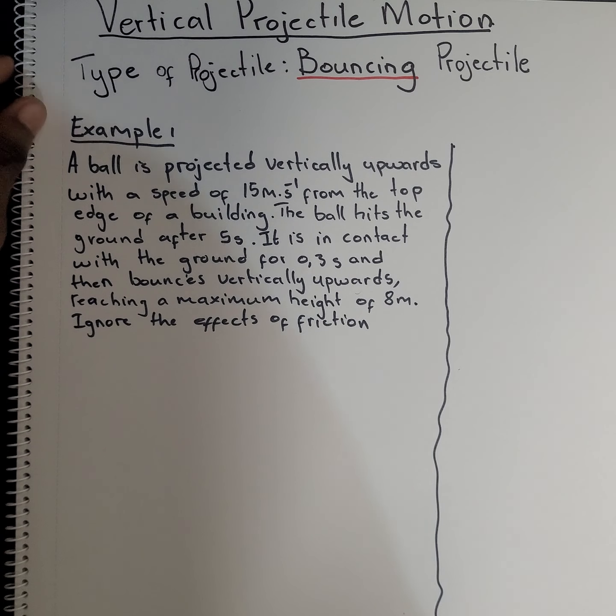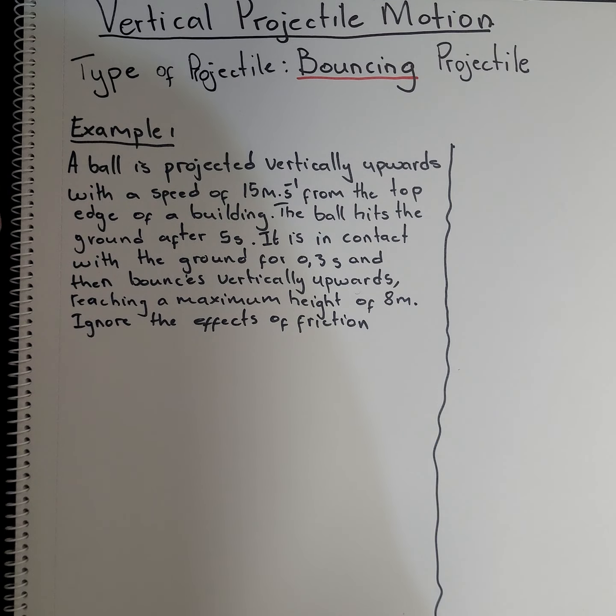Now it says here, a ball is projected vertically upwards with a speed of 15 meters per second from the top of the edge of a building. Then the ball hits the ground after 5 seconds.